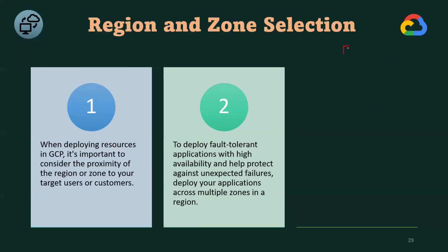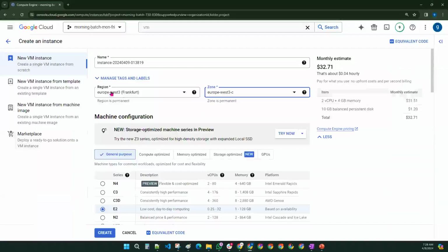When you select a region, you will only have the options of zones from that particular region. You can't select cross zones. For example, you can see here, when you select the region, the zones you can see are only from that particular region. Okay, so multi zones is nothing but multiple zones within that particular region.